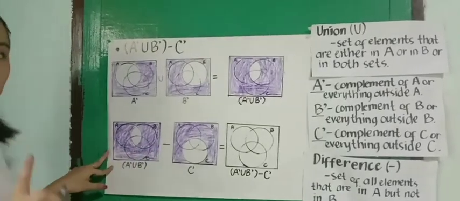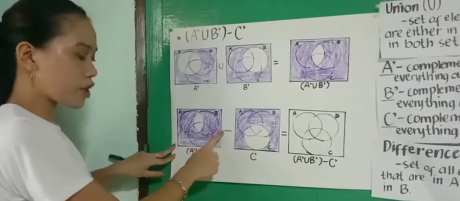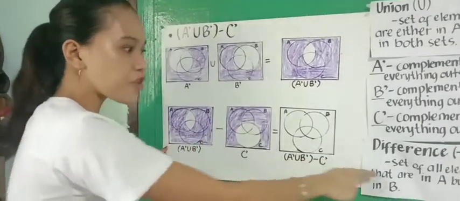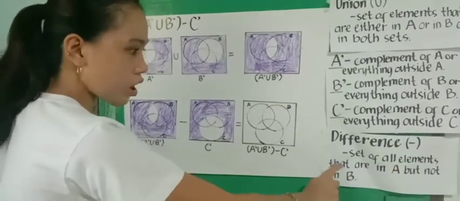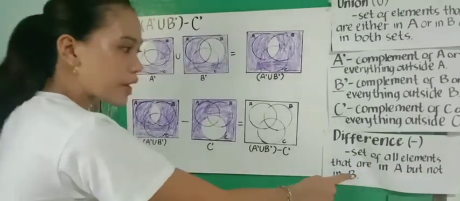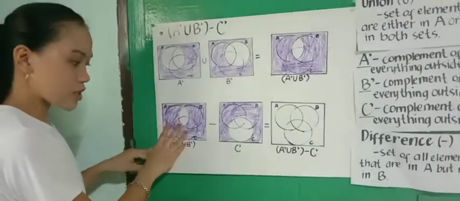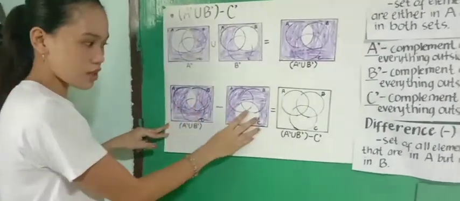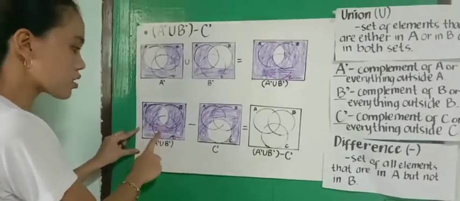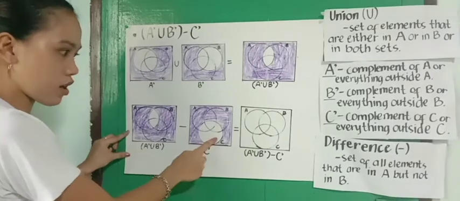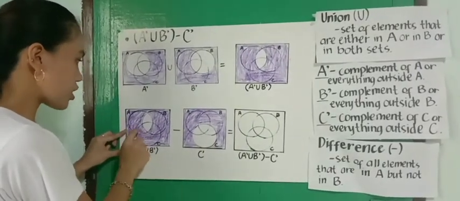And to come up with the final answer, we are looking for their difference. Difference is the set of all elements that are in A but not in B. So we will be shading everything that is in this but not in the C prime. So the shaded part that can be found here which is not here, that would be this region here.